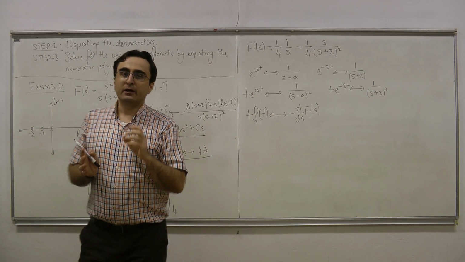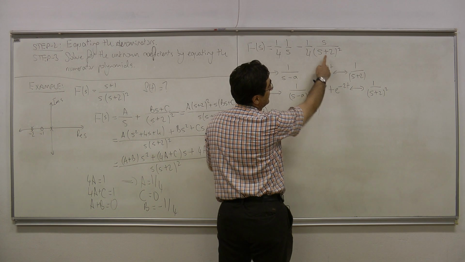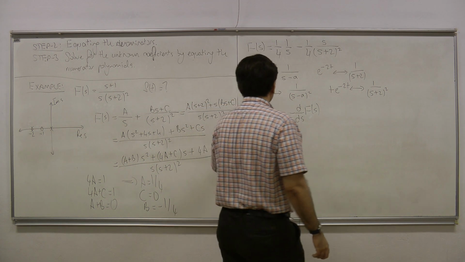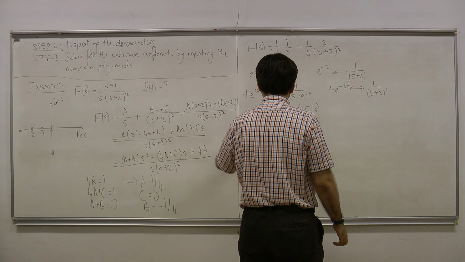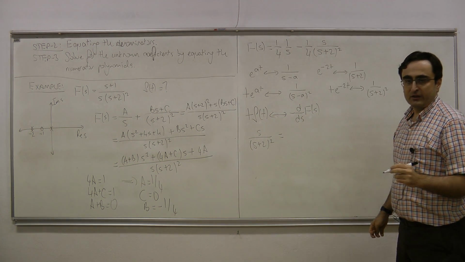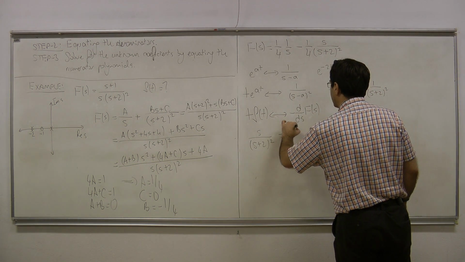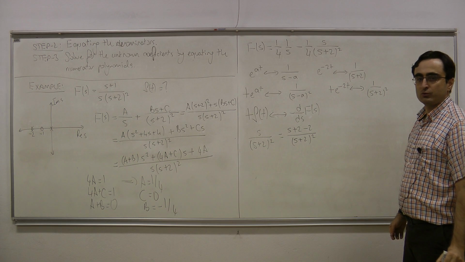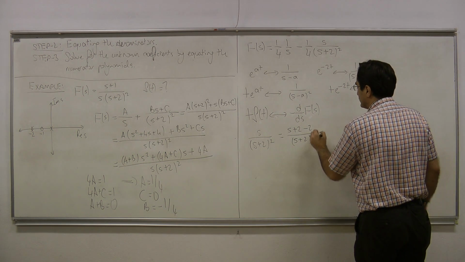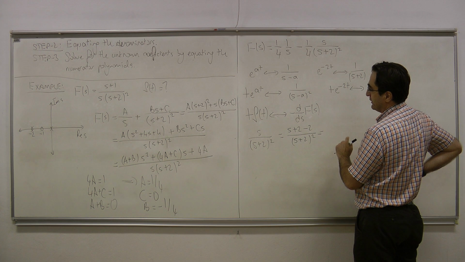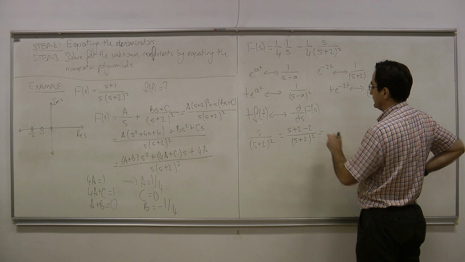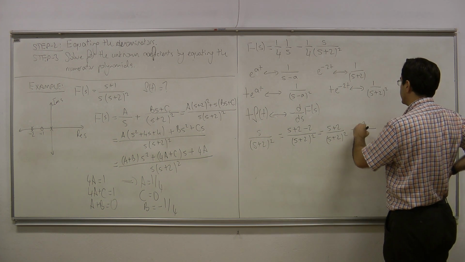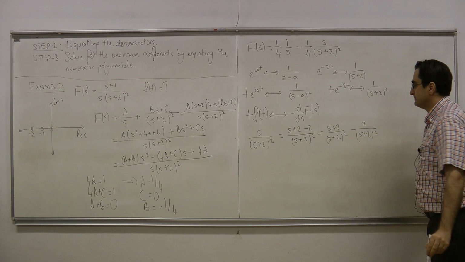The good point here is that this complicated term can be written as a linear combination of this one and this one here. How can I do that? So I have s over s plus 2 squared. You can easily see that this is equal to s plus 2 minus 2 divided by s plus 2 squared. Okay? So you see that I have created an s plus 2 here, which is going to cancel one of the s plus 2's here. s plus 2 over s plus 2 squared minus 2 over s plus 2 squared.